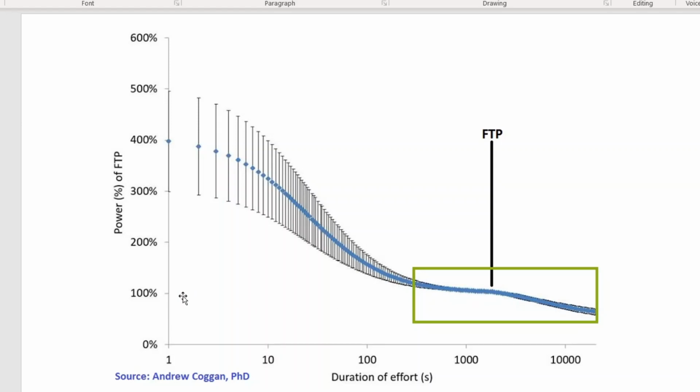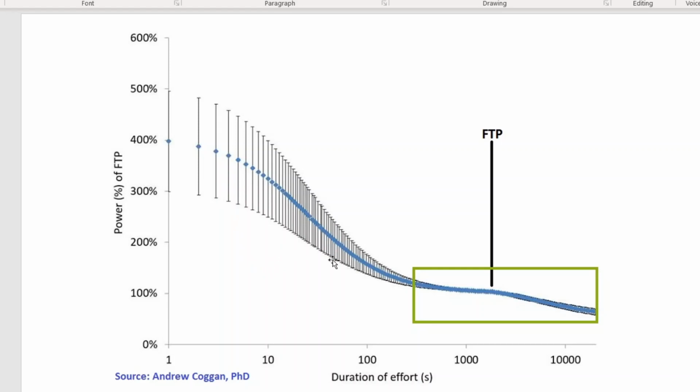And you can see that when we're looking at percentage of FTP, when we're close to FTP, the variance is very small across athletes. But as you drift left in the power duration curve, you get more variance. You might have one athlete that's up here, another athlete that's down here. And so the appropriate power target as a percentage of FTP becomes less applicable as you move left.